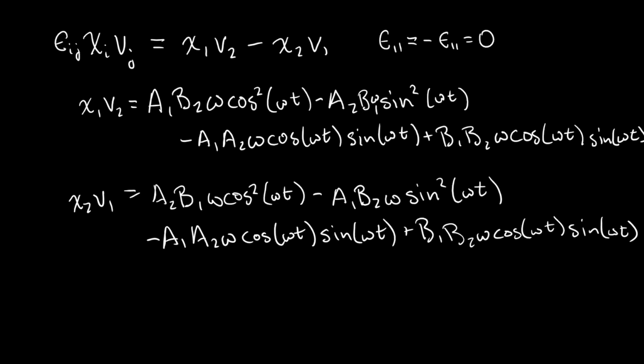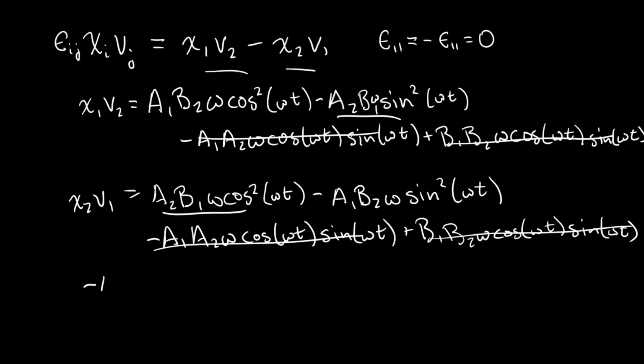But when I actually take this difference, we can see that this term and that term are going to cancel. This term and this term are going to cancel. And this term here and this term here are going to give me something like minus a2, b1, omega times sine squared omega t plus cosine squared omega t.